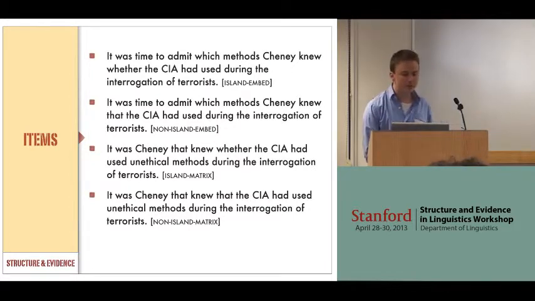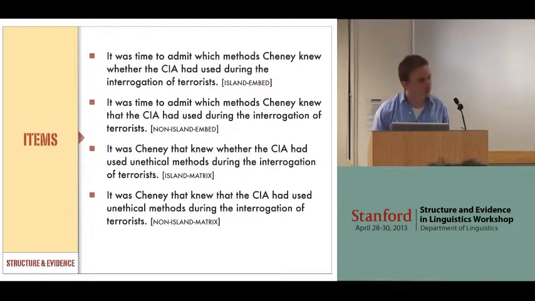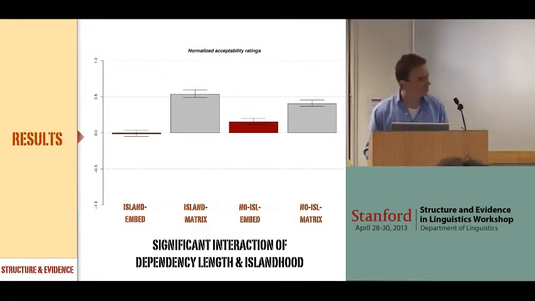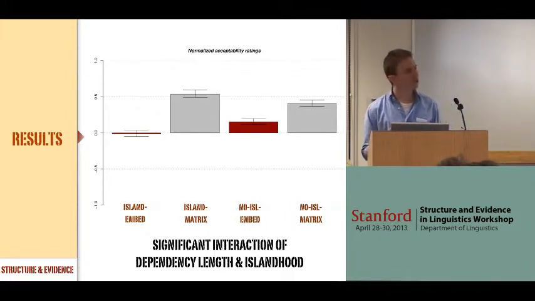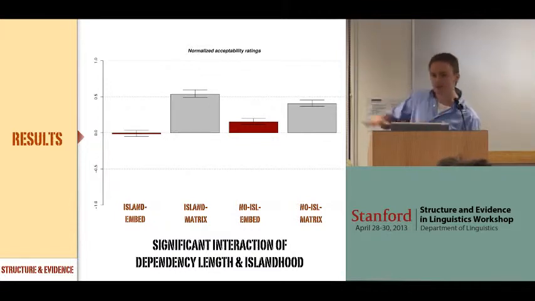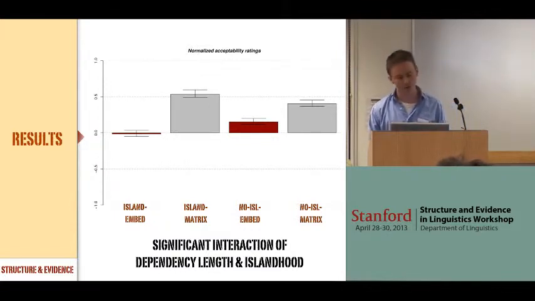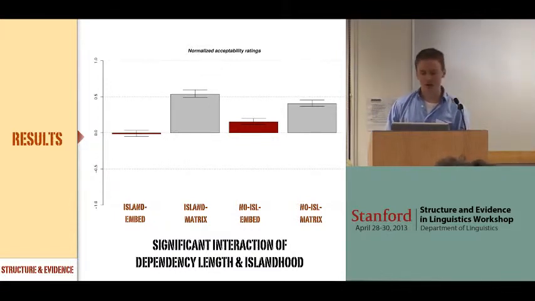So really what we want to know is, how do reading span scores relate to these judgments, in particular, this case here. And then we're going to contrast that with some grammatical errors in a second. So first of all, just looking at the z-scores here, which are just normalized acceptability ratings, what we see is that there's a main effect of embedding, that sentence judgments are lower when the dependency enters into an embedded clause, no surprise there, and the effect is worse when you have an island boundary there.